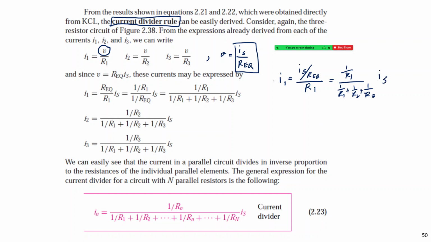So you can compute the current I1 when you know R1, R2 and R3 and Is directly from this formula. We call this formula the current divider rule, right? Similarly for I2 and I3, you can compute by this value here. If you have n number of resistances, you can use this formula.